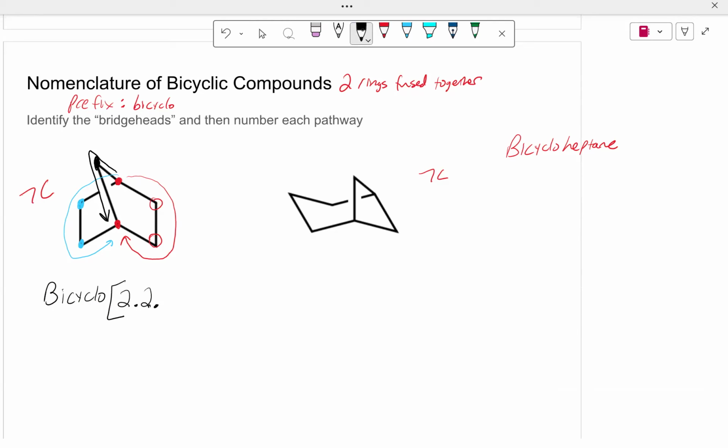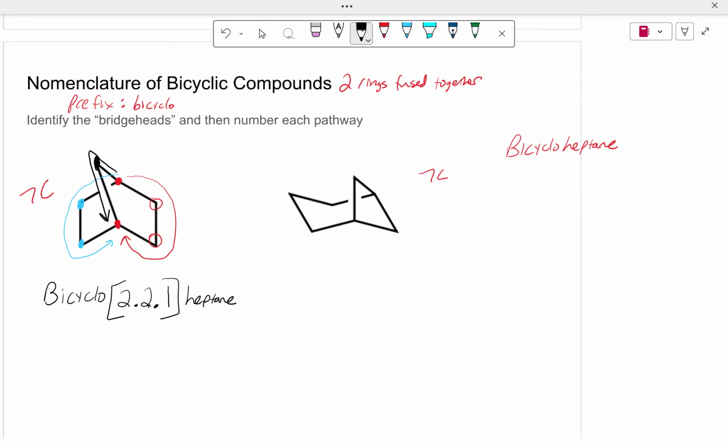And the black pathway, there's one. I separate each of those numbers with a dot, and then I put heptane. So that basically tells the reader that in this bicyclic compound, in one pathway I should have two carbons, another pathway should be two, and in the third pathway there should be one.